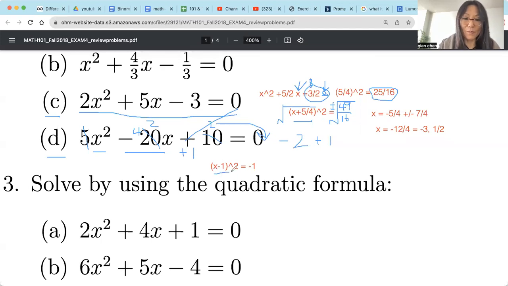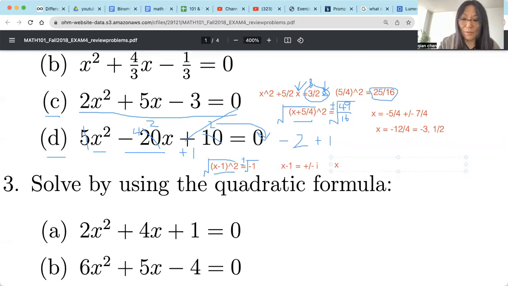So since we have a square on the left-hand side, we're ready to square root. So square root, we get a positive, negative, two values. So we have x minus 1 equals plus and minus i, right? Square root of -1 is just i.